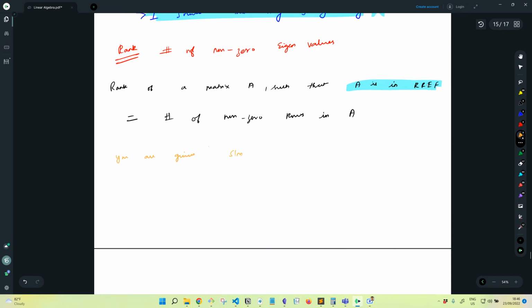Let's say you are given a linear system of n equations and n unknowns. For this system, it happens that the solution is unique. Now, can somebody say what is the rank of A?